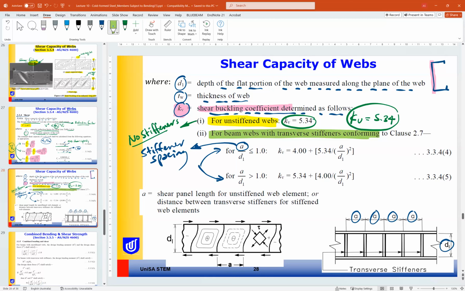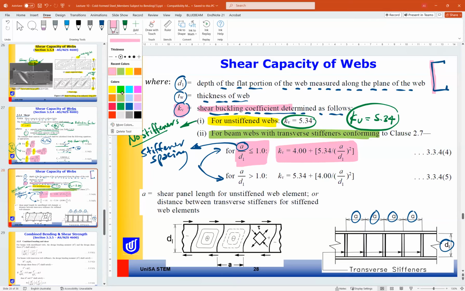If A over D1 is less than 1, you can use KV equal to 4 plus 5.34 divided by A over D1 all squared.